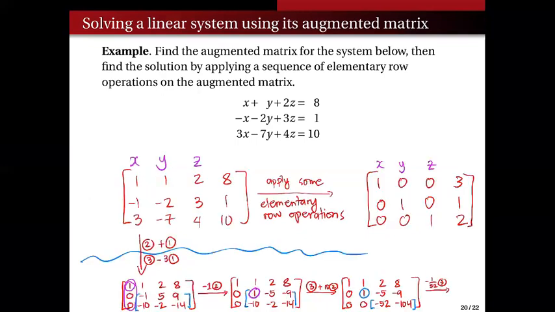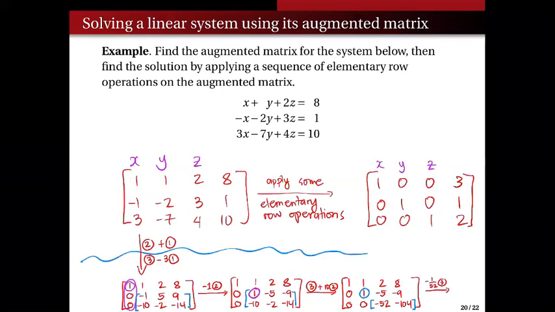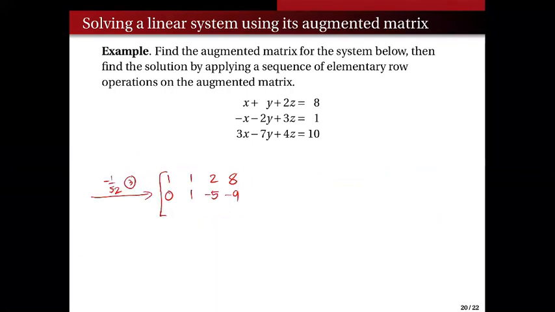Our second row, it's 0, 1, negative 5, negative 9. Correct? And then our third row, it's 0, 0, negative 52, negative 104. But we are dividing by negative 52. So this becomes 0, 0, 1, 2.